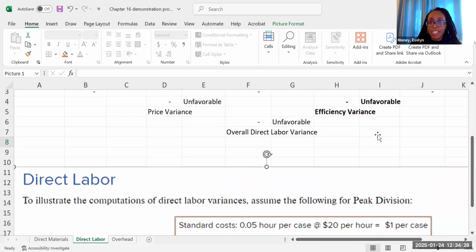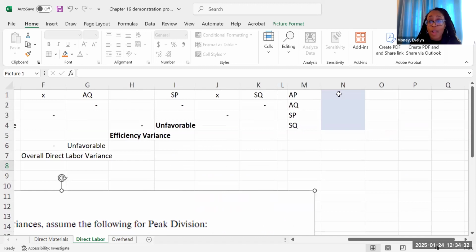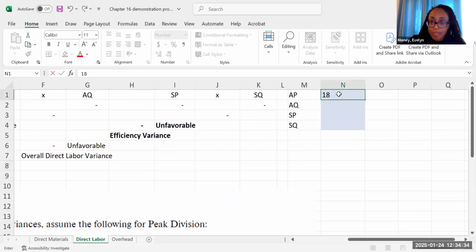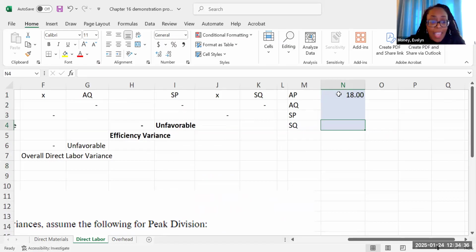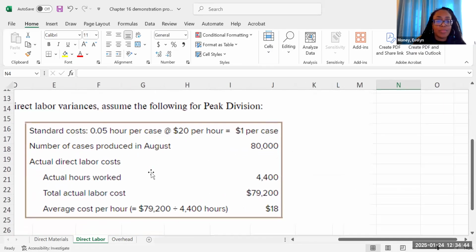Now, let's plug this information into our table here. For actual price, we know it's 18. And for standard price, we know it's 20. Now I need to do my quantity.